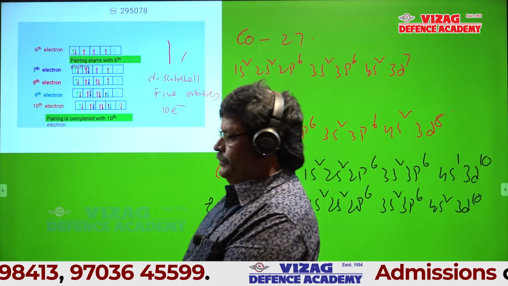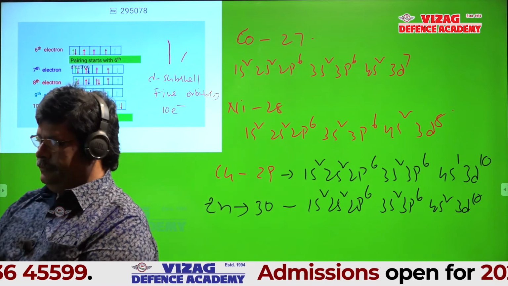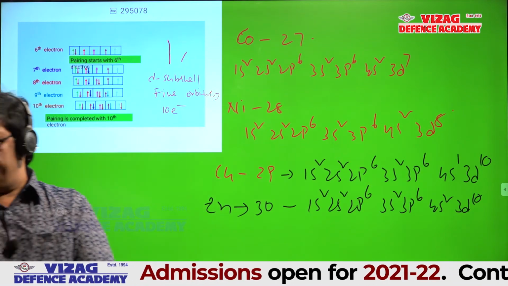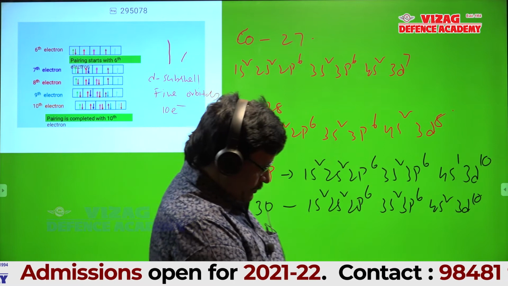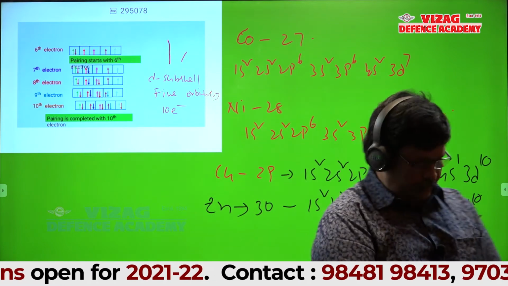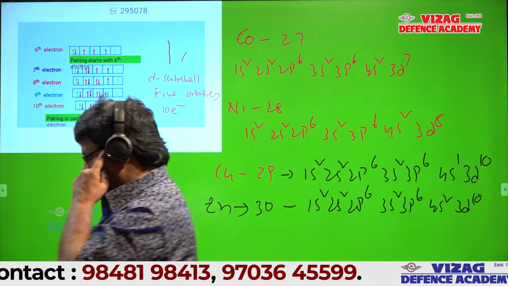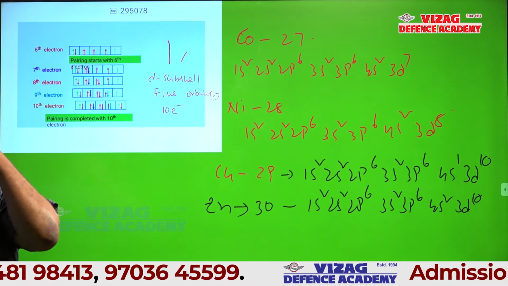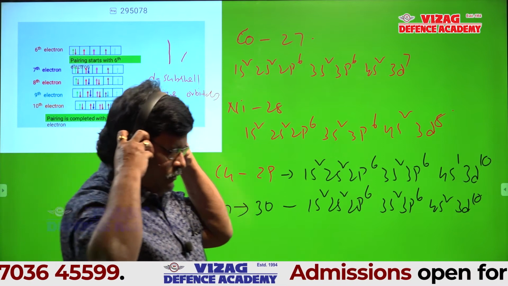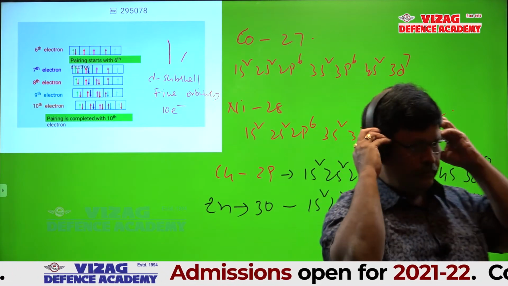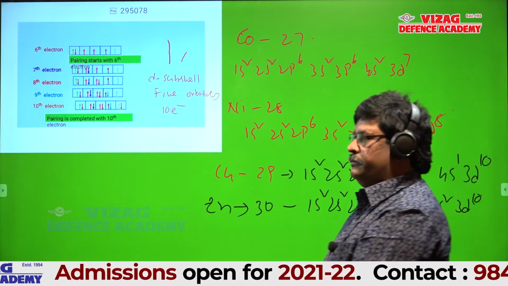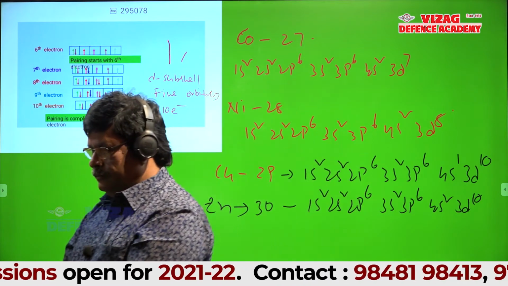Copper, 29. Completely filled. 3p6, 4s1, 3d10.